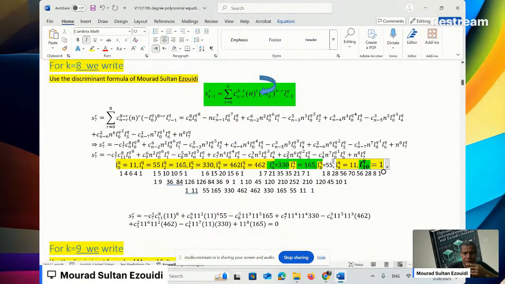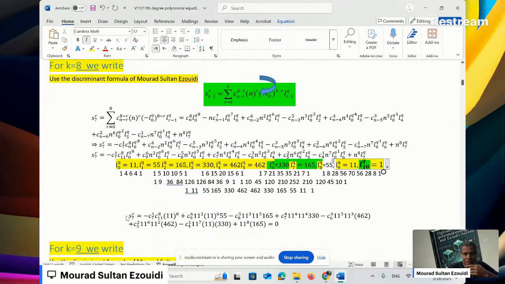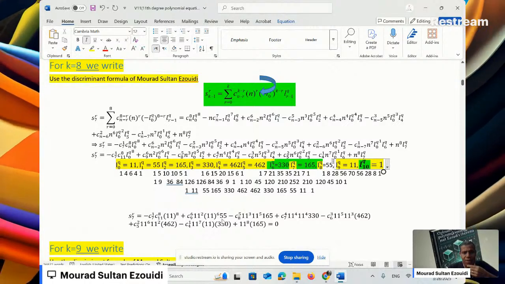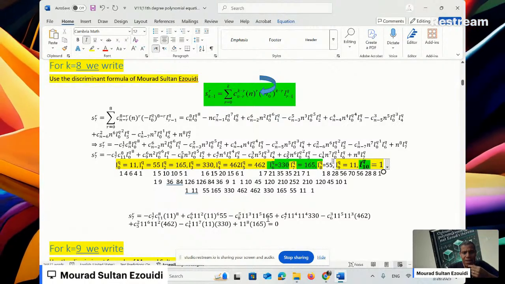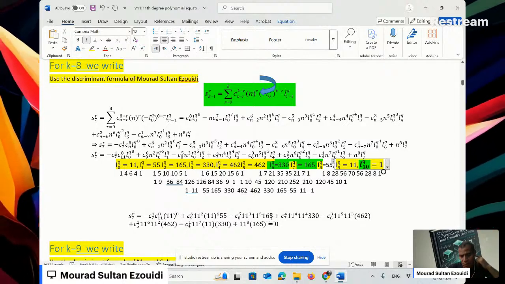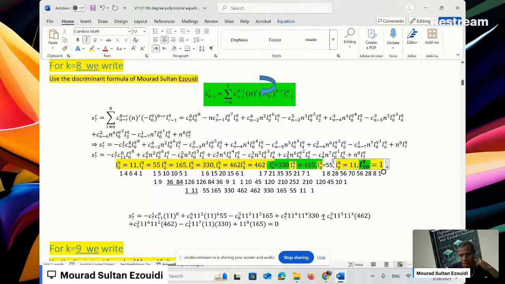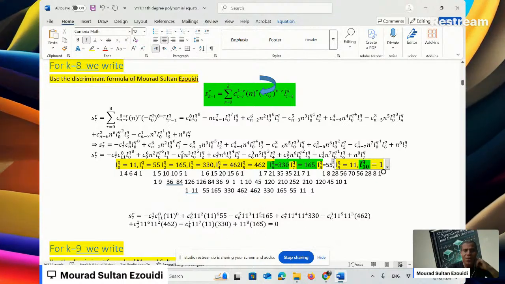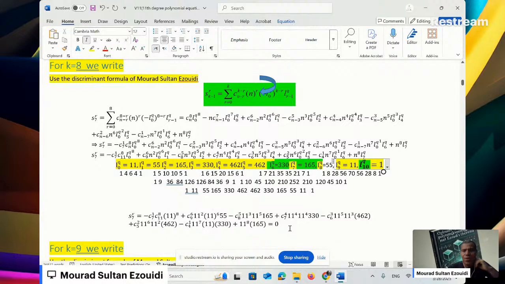This is S7. Just replace L0 with its value, L1 with its value, L2, sorry, and L3, L4, L5, L6, and L7. So use a calculator. You will see that S7 equals zero.